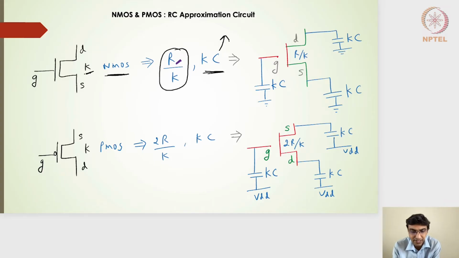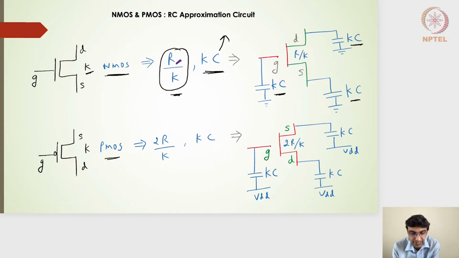Similarly, k times the width gives a switching resistance of R by k. To replicate that at the transistor level, this is what we have drawn. At the gate side, the capacitances are scaled by k times, the diffusion and parasitic capacitances are scaled by k times, and the switching resistance is denoted by R by k.